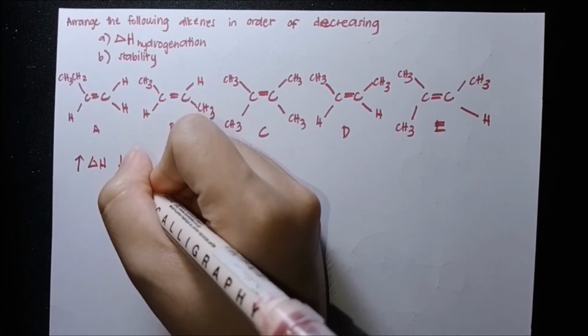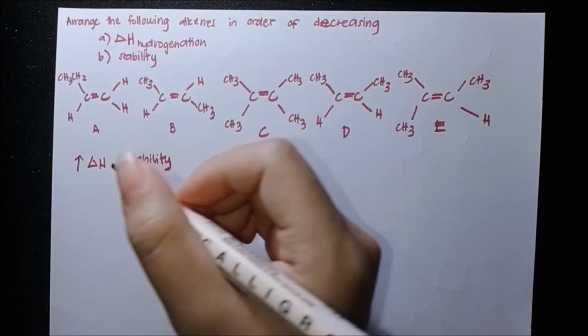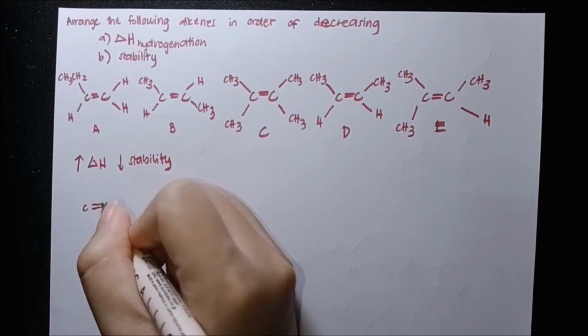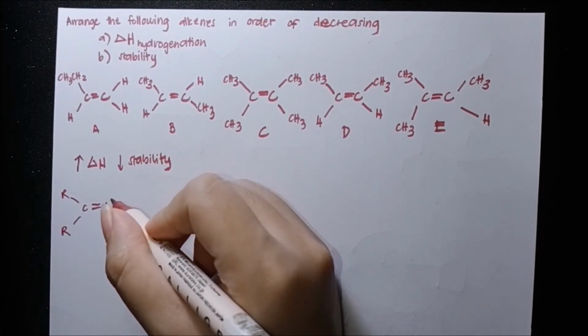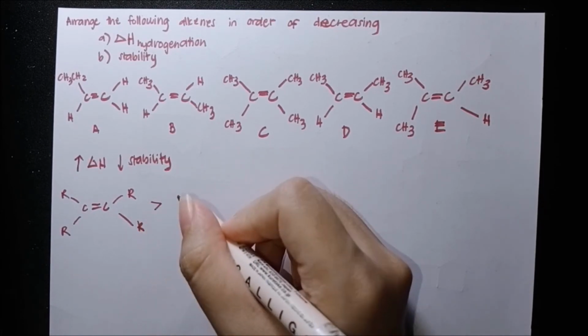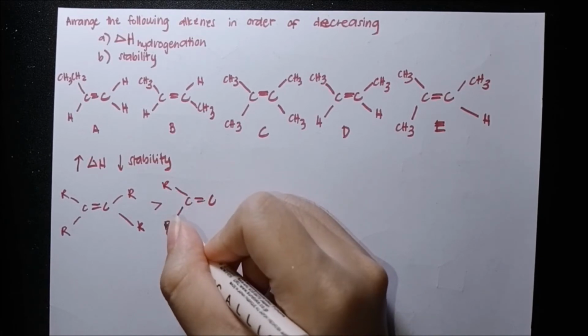And in that case, we have the following order for the stability of alkenes based on their heats of hydrogenation. This alkene with 4 alkyl groups is the most stable, and the fewer the alkyl groups attached, the less stable the alkene becomes.